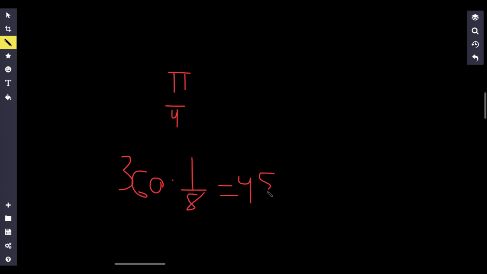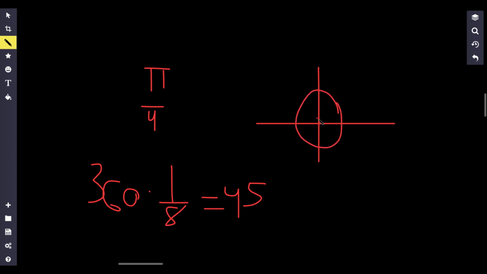Now, we know that this has to be the correct answer, pi over 4, because 360 times 1/8 gives me 45 degrees. All this is saying is that 45 degrees, this is a badly drawn circle, is 1/8 of the whole circle, right?